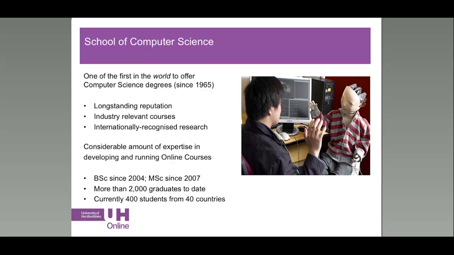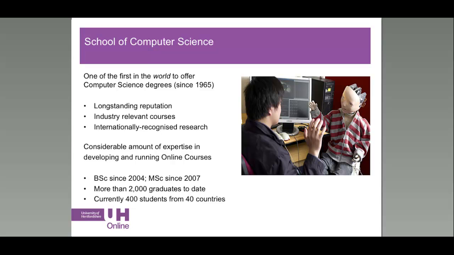What is very relevant to us today is that the School of Computer Science has also been delivering distance learning programs for many years. In the last 10 years, our distance learning programs are delivered online through StudyNet, which is the university's managed learning environment.